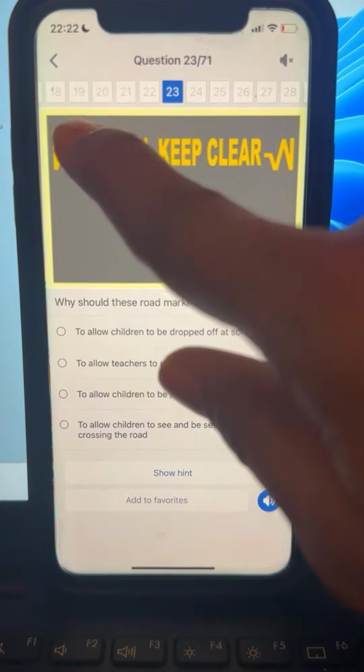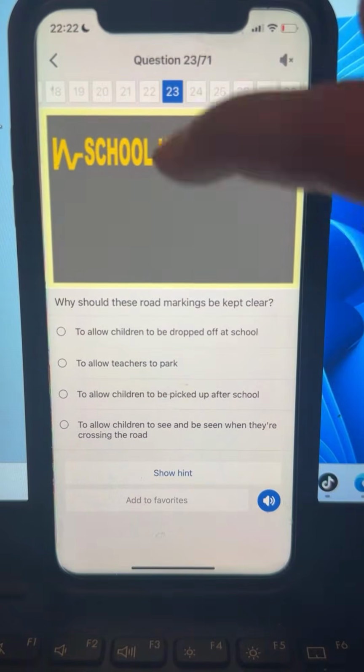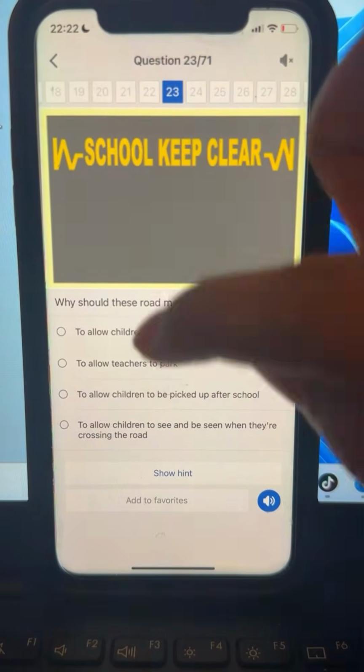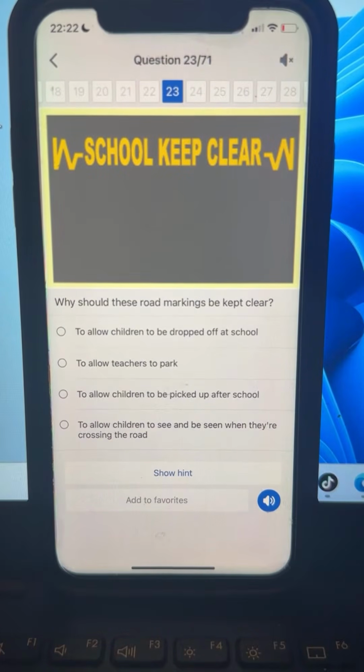Imagine there is a parked car here, a stopped car here, a car here. Children, when they're trying to cross, will be crossing between cars. It's not safe. It's not a pickup area. It's not a drop-off area. The area is there to keep clear.